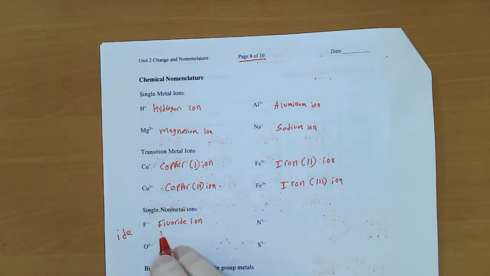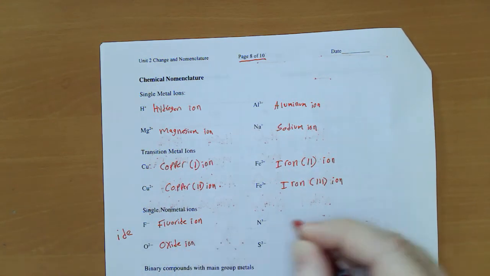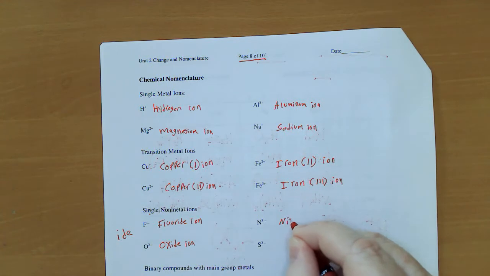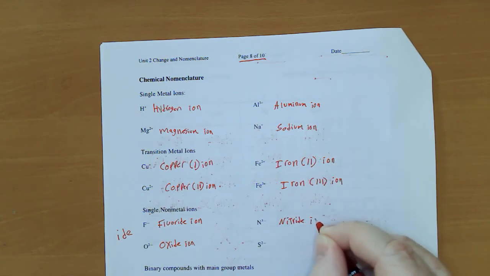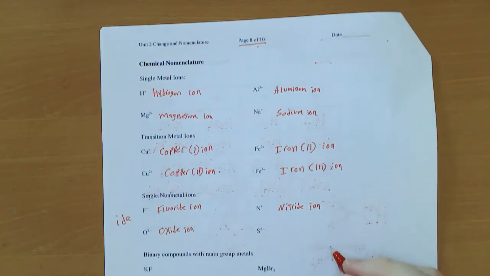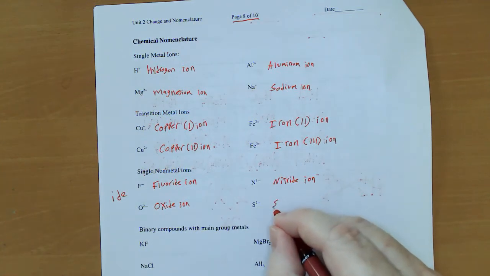And that's spelled F-L-U-O-R-I-D-E. Fluoride, not flower-eyed. It's not O-U-R. It's fluoride ion. This is called the oxide ion. This is called the nitride ion. Okay. And then this is called the sulfide ion.